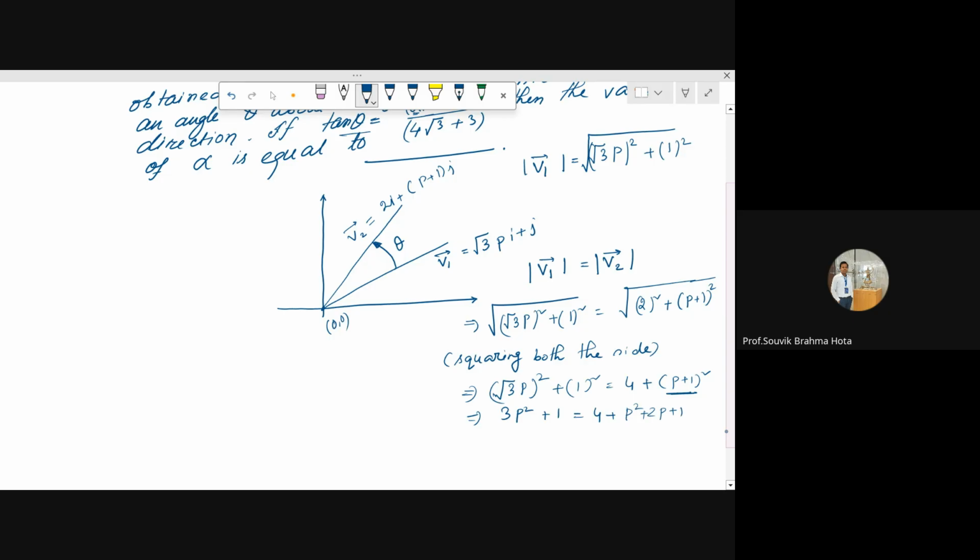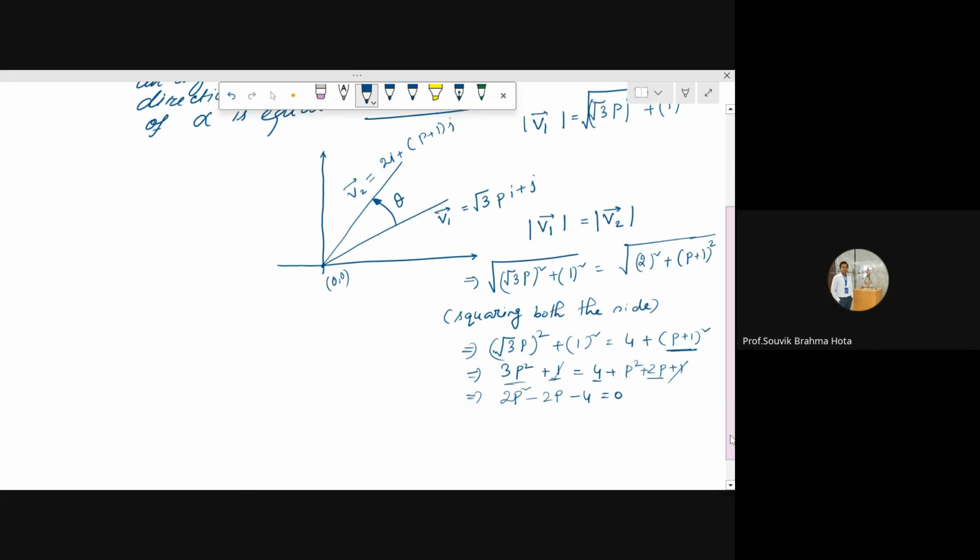Now you take p to one side. 3p square minus p square, that is 2p square. Now bring this 2p also here, minus 2p. And you see plus 1 gets cancelled over here, and this 4 is here, so you can bring that 4 over here, minus 4 is equal to 0.